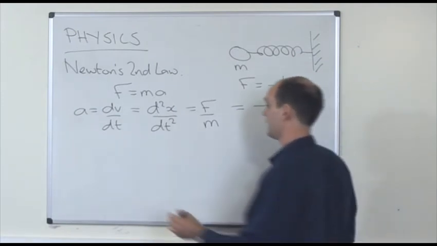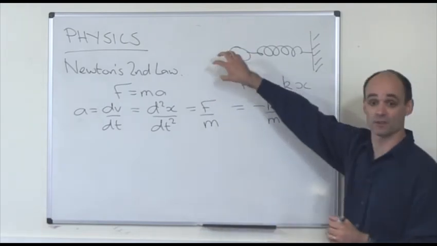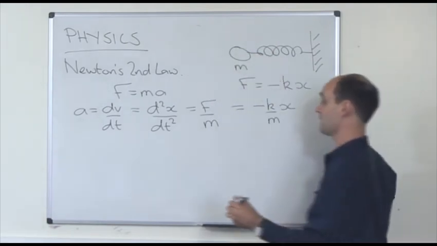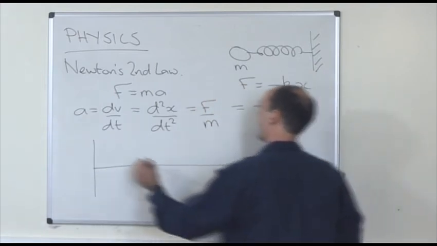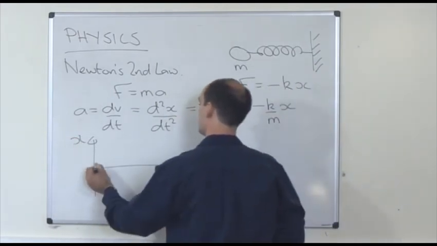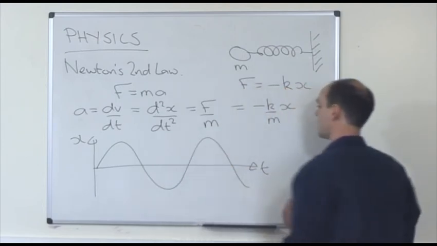But what does it look like? Well, you perhaps know that if you've got a mass on a spring, it tends to oscillate with respect to time. So solutions to this differential equation look like x is oscillating with respect to time.